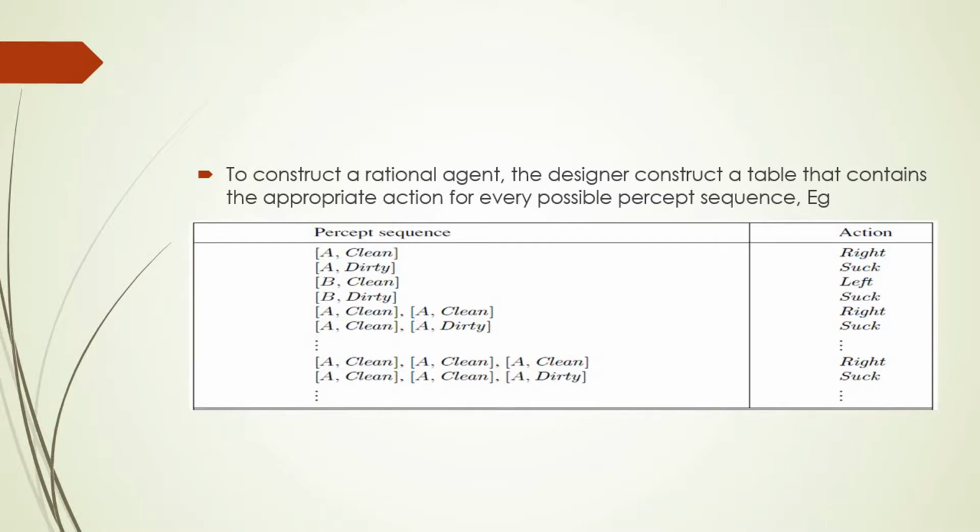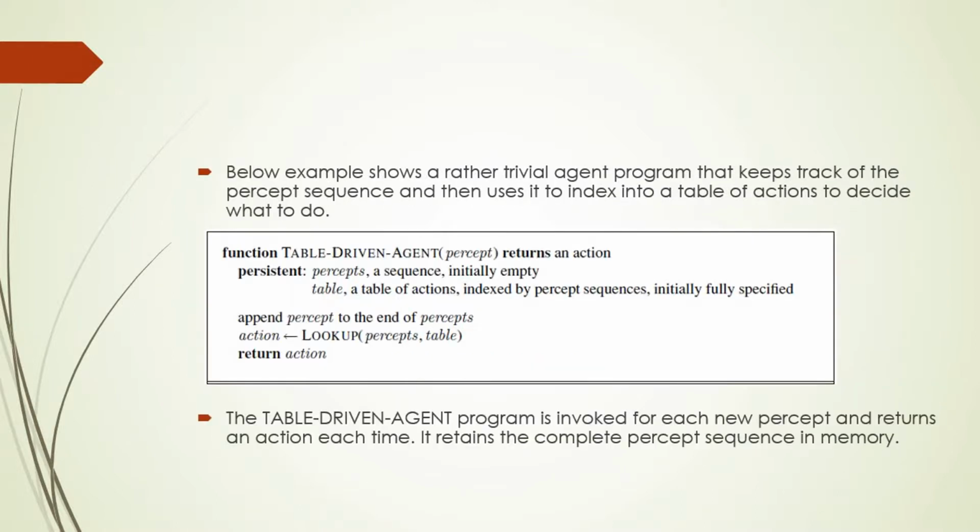So basically, after coming up with this table, the designer would then move to come up with a particular agent program. Here is a simple example of an agent program that keeps track of the percept sequence and then uses it to index a table of actions to decide what to do.